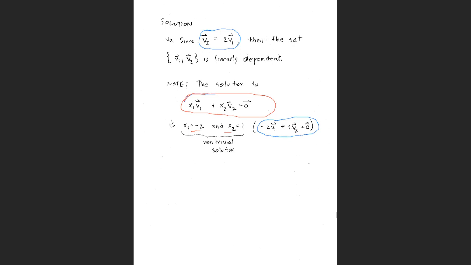If the vectors were linearly independent, what would x1 and x2 have to equal? They'd have to equal both zeros. That's right, Benjamin. That's right.